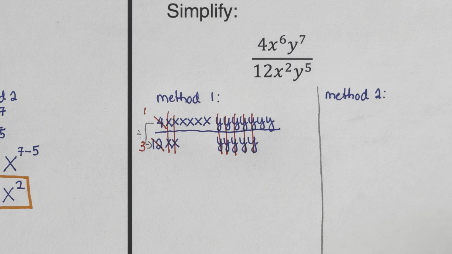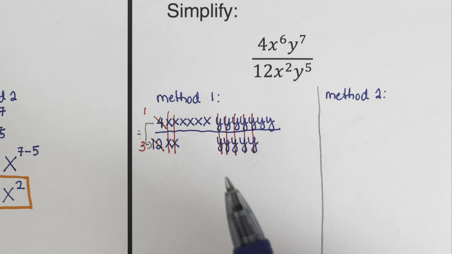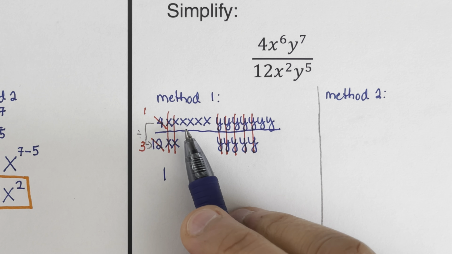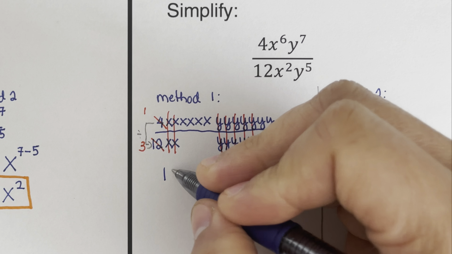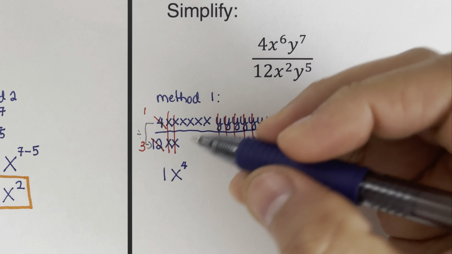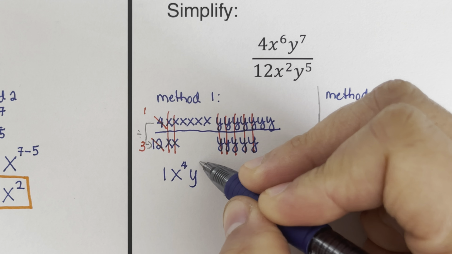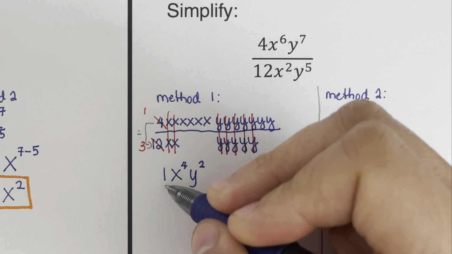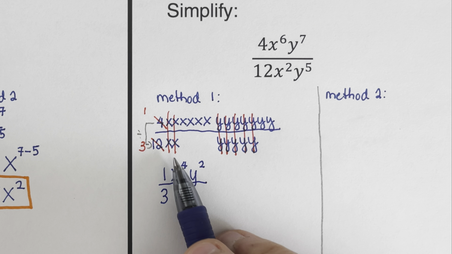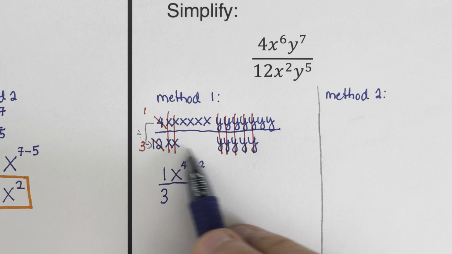As you can see here, the leftover on top is 1. So we get a 1. And then we have 1, 2, 3, 4 x's. And then we also have 2 y's. So I'm just going to write y to the second power over. The leftover at the bottom is 3. And then all the rest of the variables are gone.